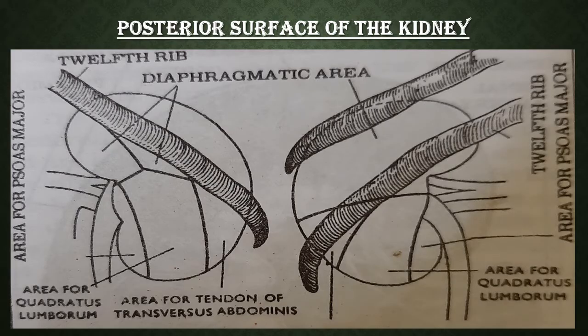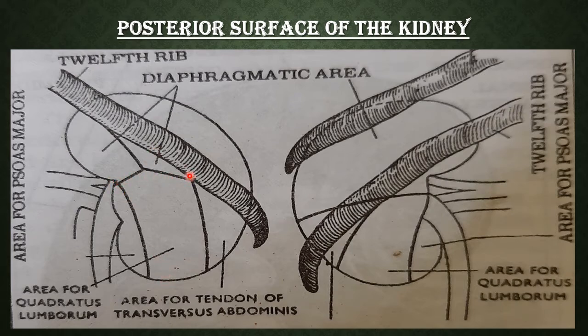Here in this diagram we are able to see the posterior surface of both the kidneys. This is the left kidney and this is the right kidney. Here we can see the impressions or the relations of both the kidneys at their posterior surface. At the right kidney we can see clearly this demarcation between the upper half and lower half.